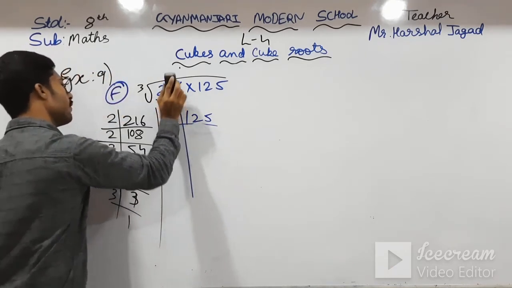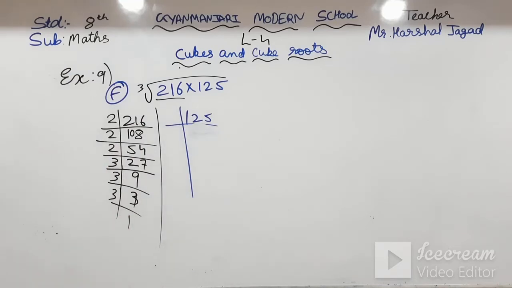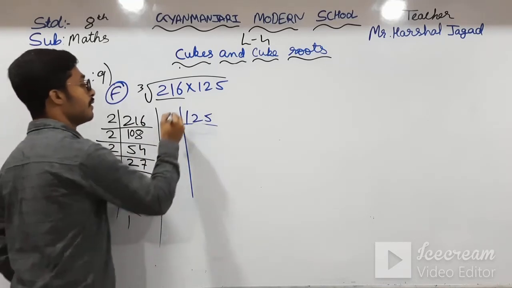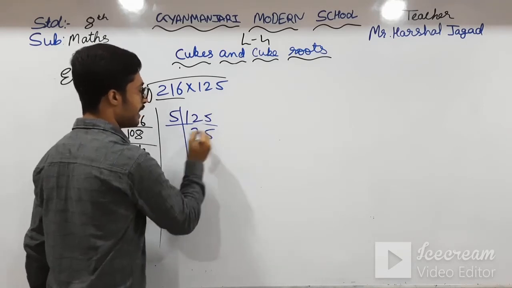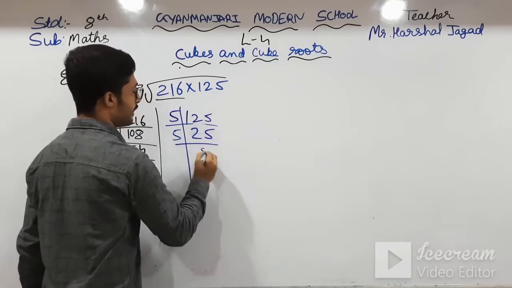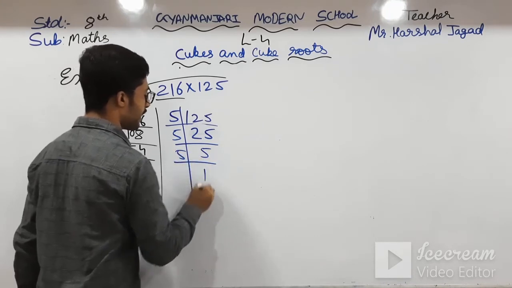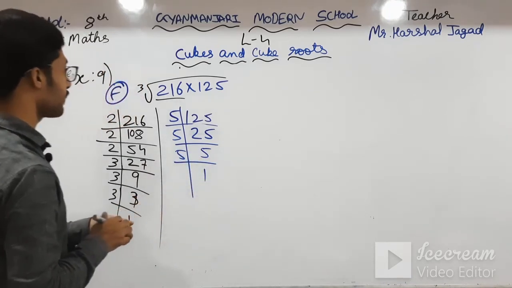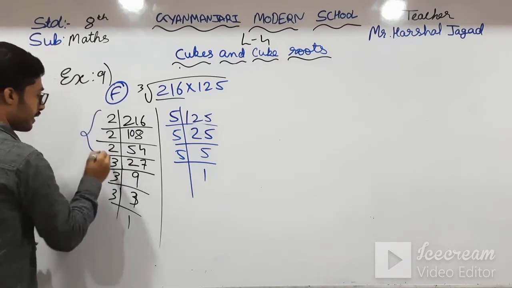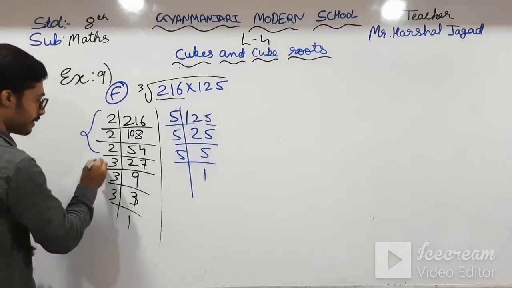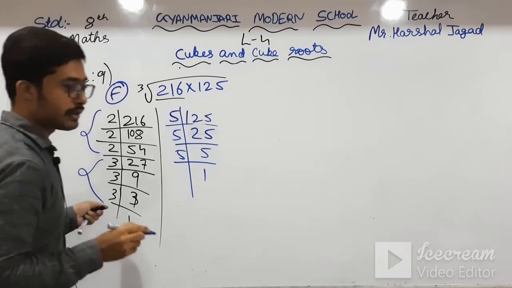Now with 4, no, 5, yes, 5 2s are 10, 5 5s are 25, 5 5s are 25, 5 1s are 5. Okay, so the factors here are 2 three times and 3 three times.